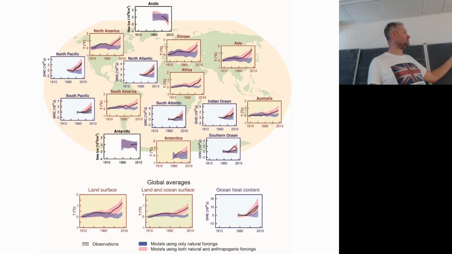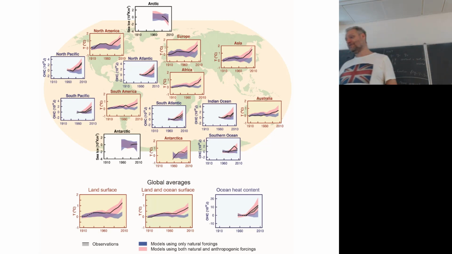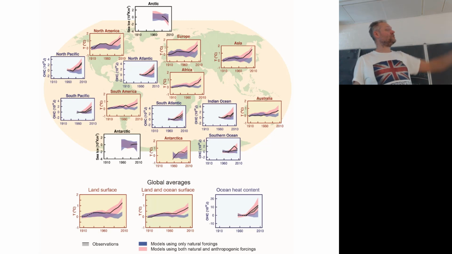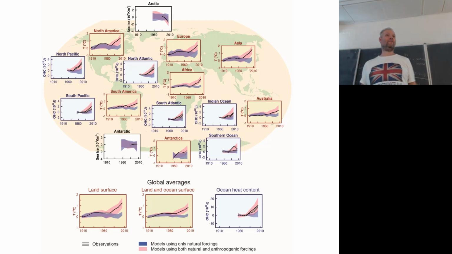It's also true for the land surface, the graph to the left of it, and for the ocean, the graph to the right of it, and for all the individual continents, and for all the individual ocean basins, right? That's all the little graphs at the top where you can deduce from the world map what the graph is about, right? So that is what the pink and the black mean.